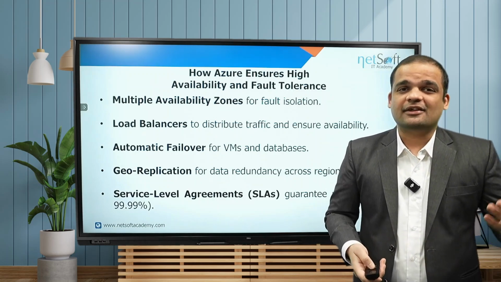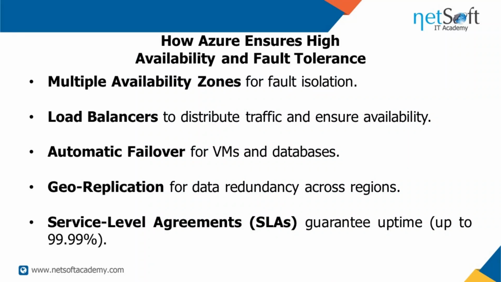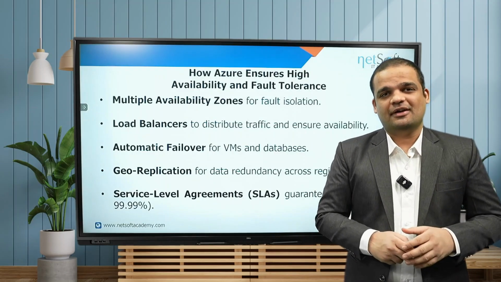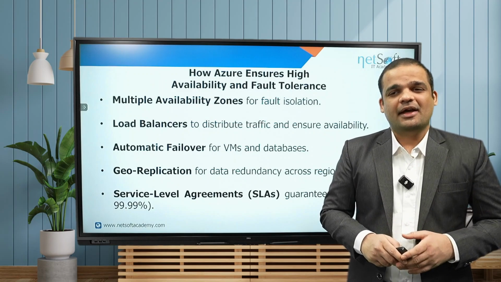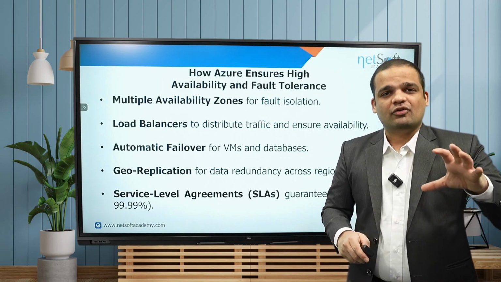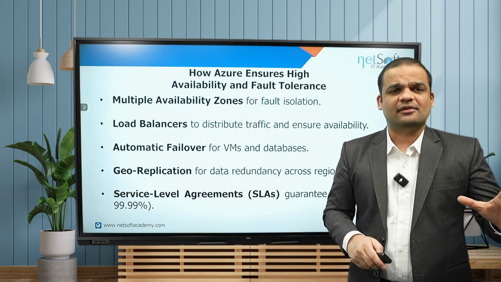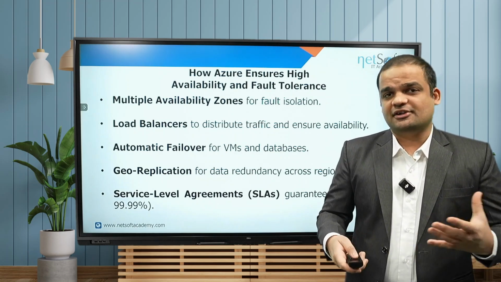The next one is geo-replication. Here the data is replicated across geographically separated regions, not in just one region. This ensures that it remains accessible even if a whole region experiences some kind of major disruption.